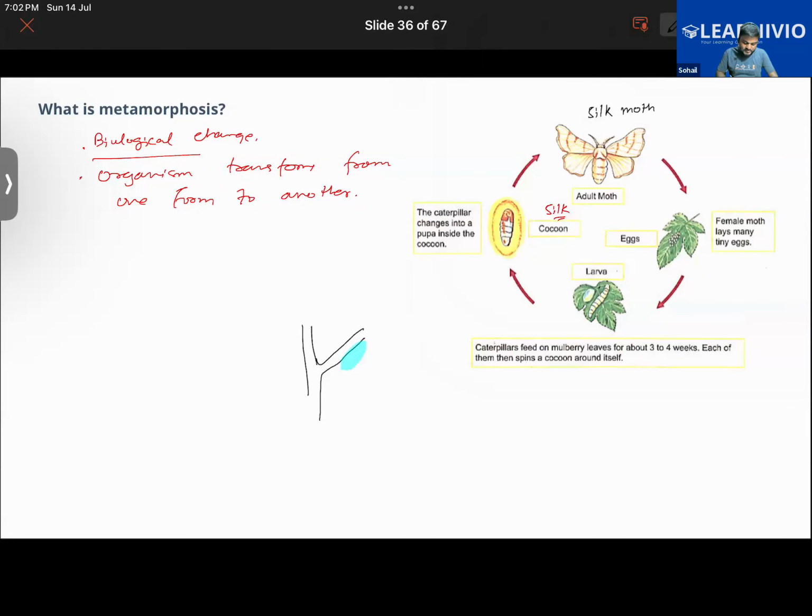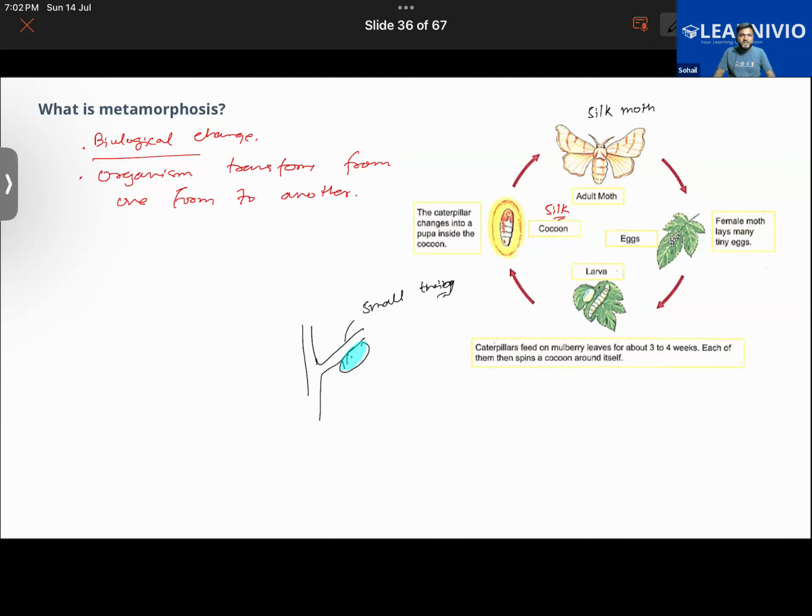A twig is a small piece of a branch, a small woody branch. So it will attach itself to this, and once it has reached adulthood, the cocoon will open up and the silk moth will come out of it. Got this now?